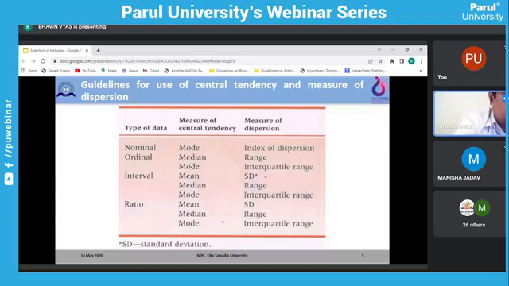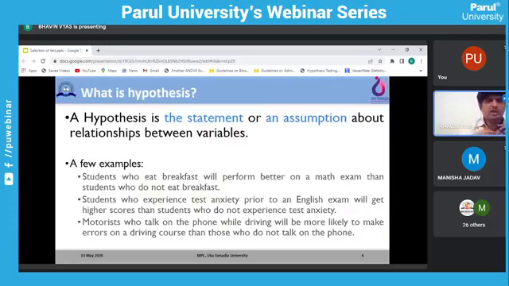So when you collect data, it will be in this form, and you will be presenting it in this manner.